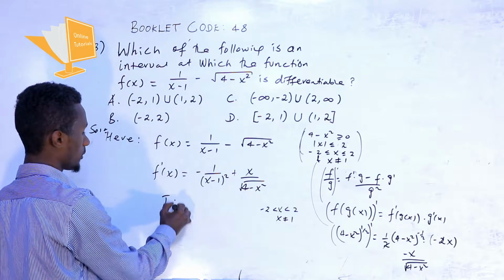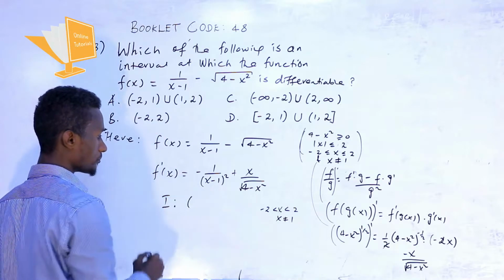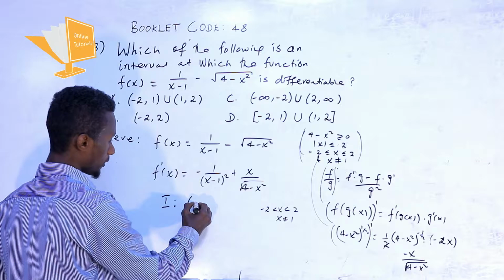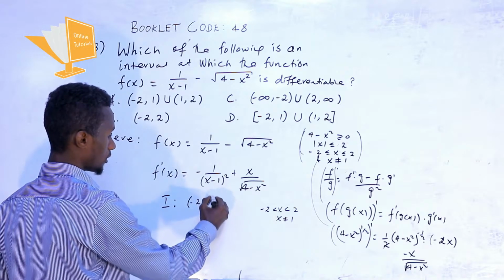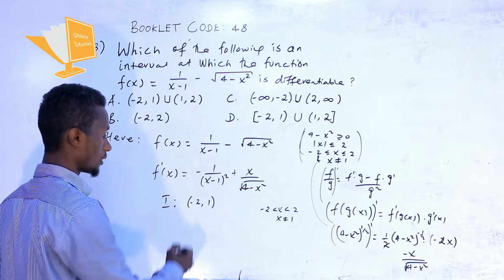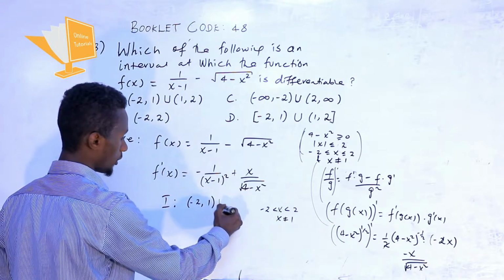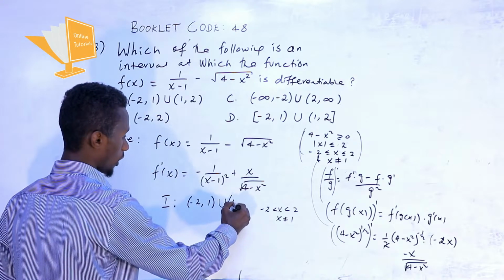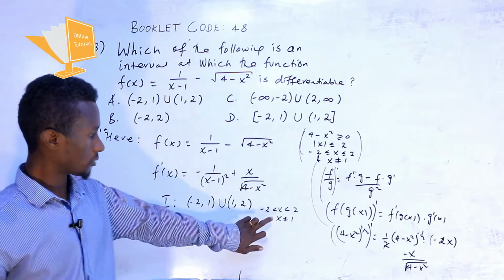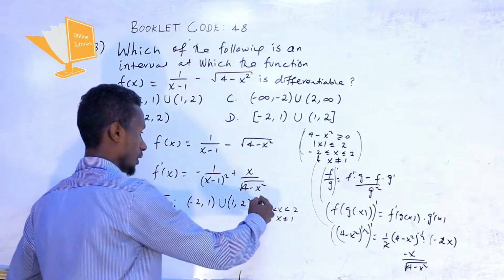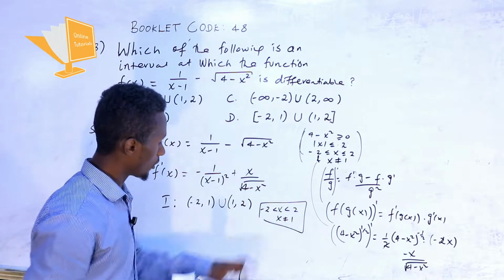So to determine this as interval, the intervalአችን ሊሆን የሚችለው ምንድነው? From minus 2 up to 1 not including 1, and minus 2, the union from 1 to 2 ነው የሚሆነው ማለት ነው. Because we have this case, the function is defined on these intervals.